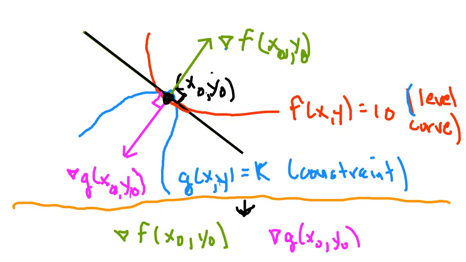There are two gradient vectors. That's right, Marina. Very good. Those two, the gradient vector of f and the gradient vector of g, at the point where the function is maximized subject to the constraint, are parallel.